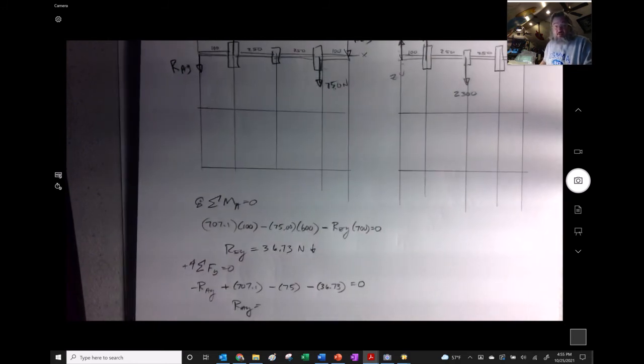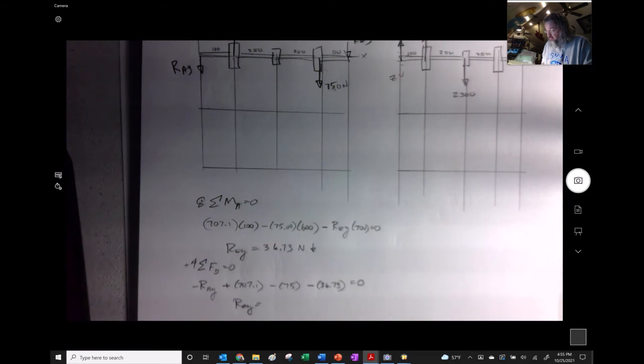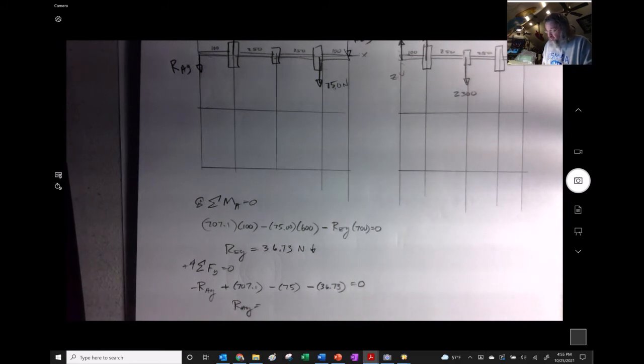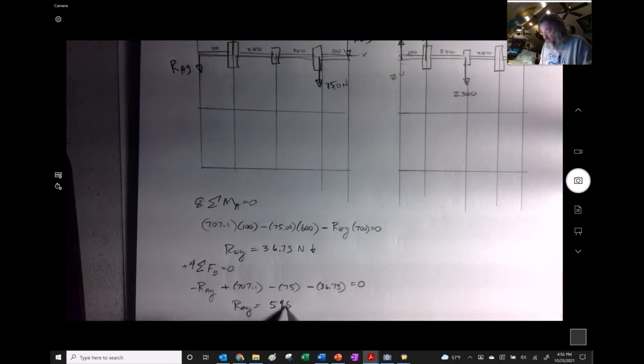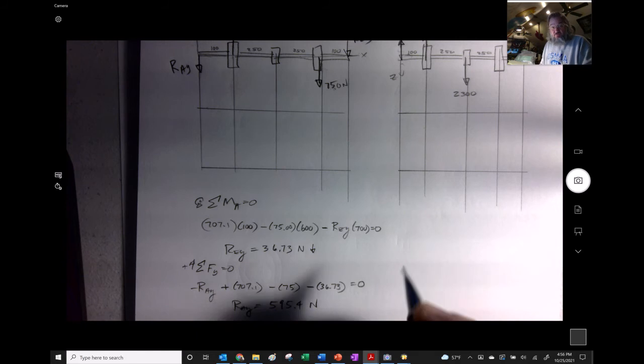Whoops, I hit the button twice. 707.1 minus 75 minus 36.73, and I get 595.4 newtons, and sure enough, he is coming downwards.